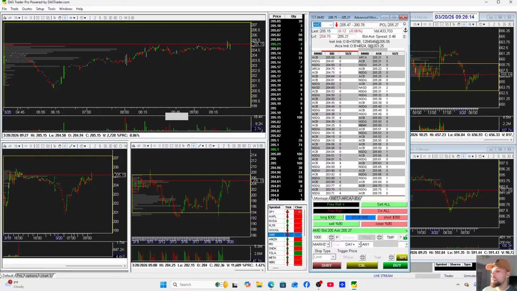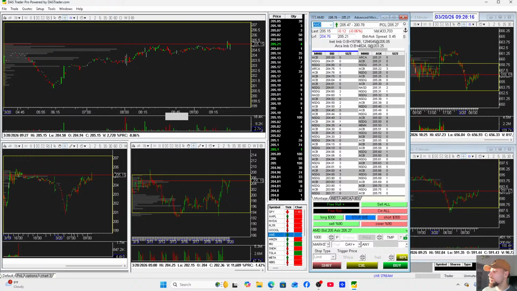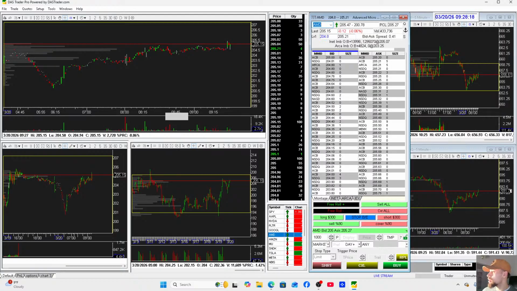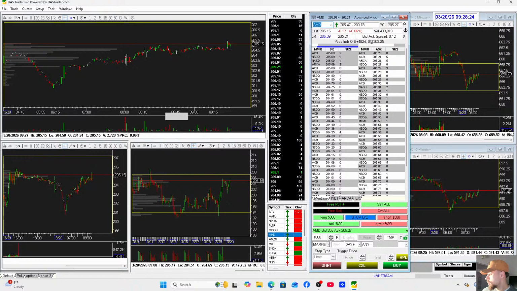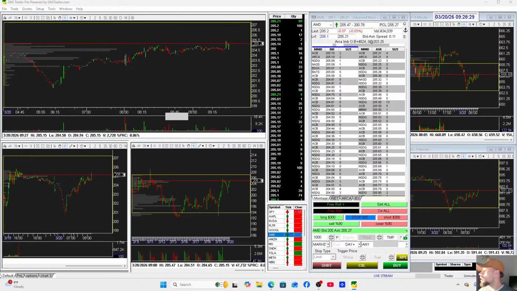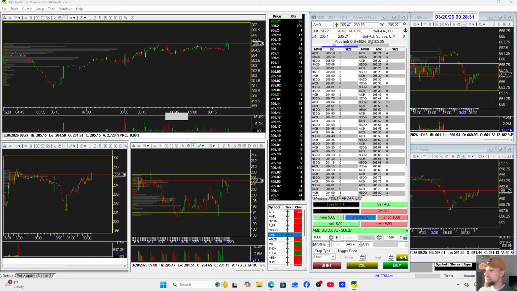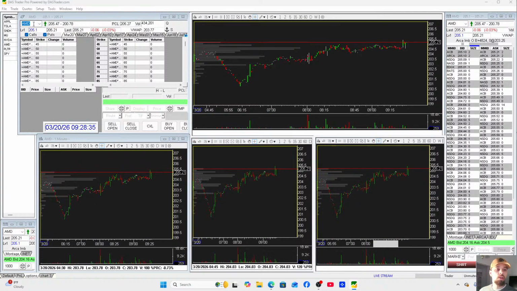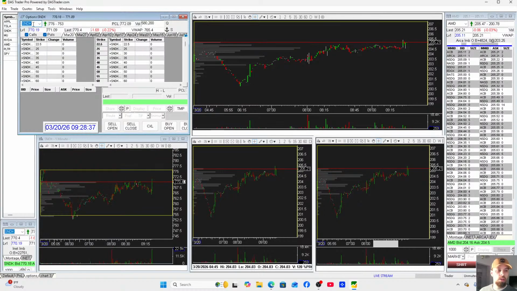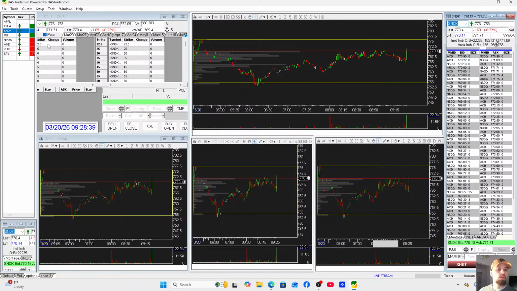So just need to be patient, need to see what the price action's telling us. So SanDisk moving up, MU moving up.